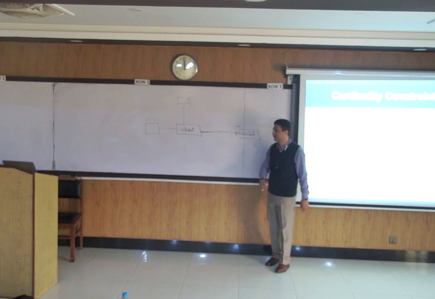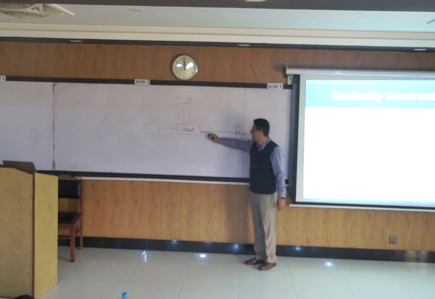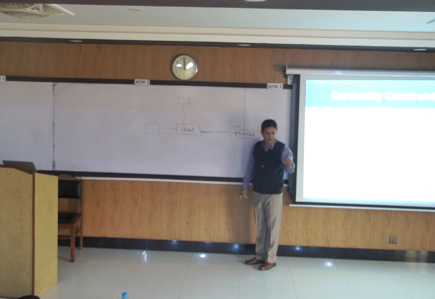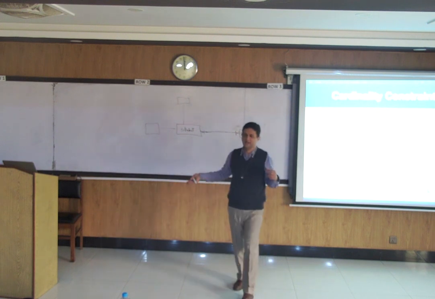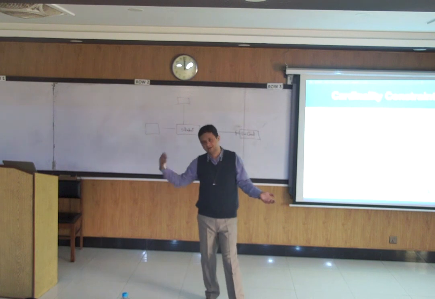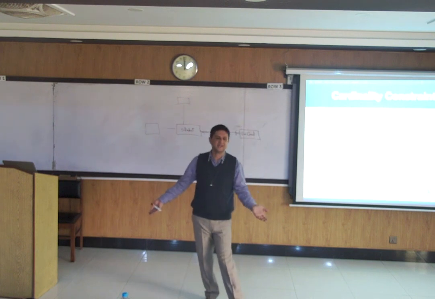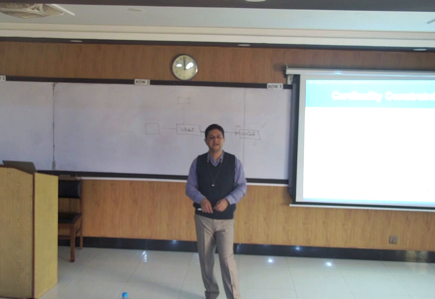For that case, the minimum cardinality of student for this relationship would be 1, mandatory. So there are 4 possibilities. Both sides can be optional, left can be optional, right can be mandatory, left can be mandatory, right can be optional, and both sides can be mandatory.